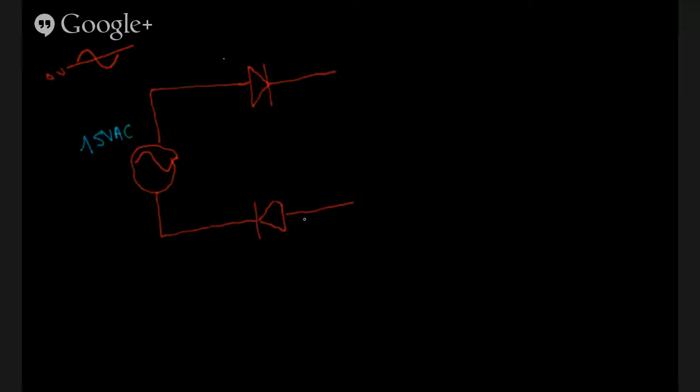We know that our diode will only allow current on the positive half cycle to flow this way. And on the negative half cycle, because this would have a higher potential than this side, we'd get our potential going this way. This one would conduct, this one would stop conducting.